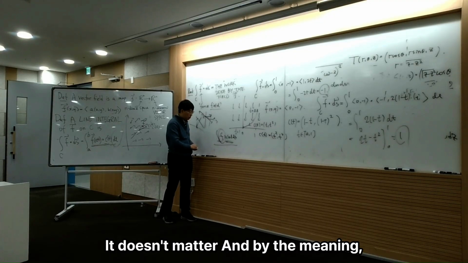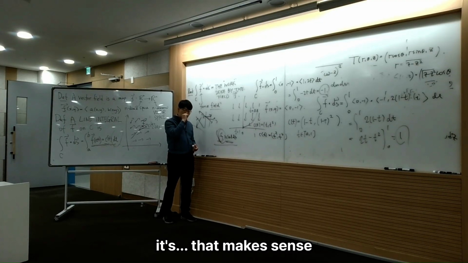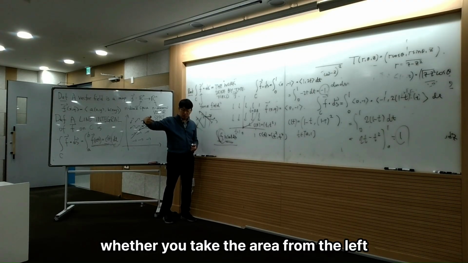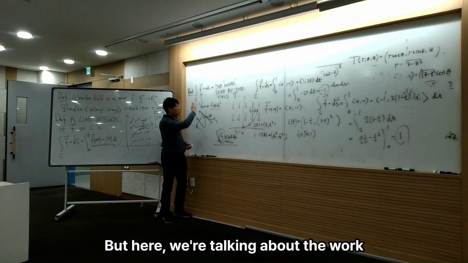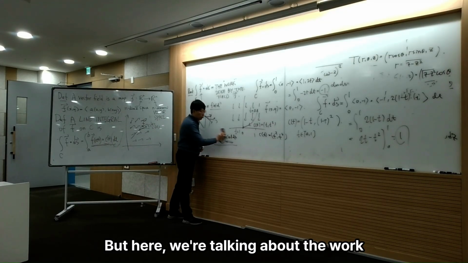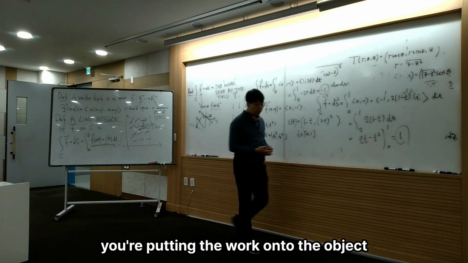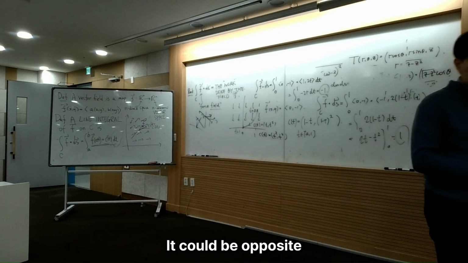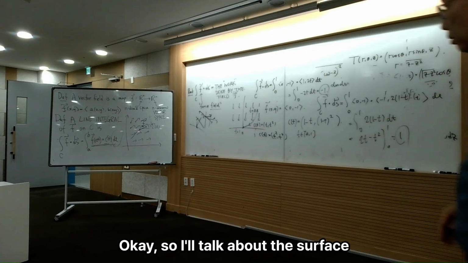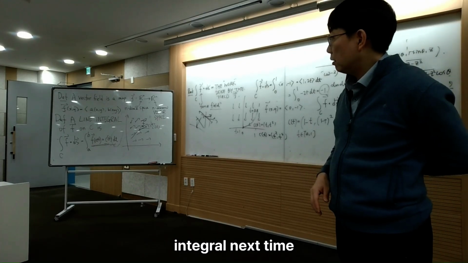By its meaning, that makes sense because it's the area. Whether you take the area from the left or right, you get the same area. But here, we're talking about the work. So it depends on which direction you're putting the work onto the object. It could be opposite. Okay, so I'll talk about the surface integral next time.